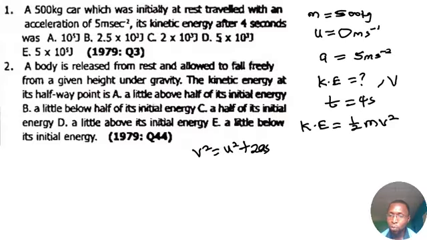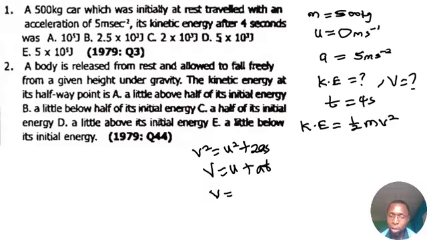So we can't use this because we are not given distance. If you go for the first one, which is v equals u plus at, this is better because here we are given u, which is 0, we are given a, and we are given t. So we can easily use this to get our v.